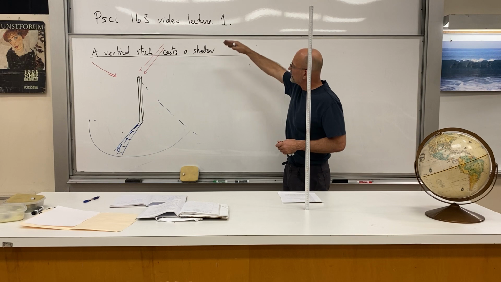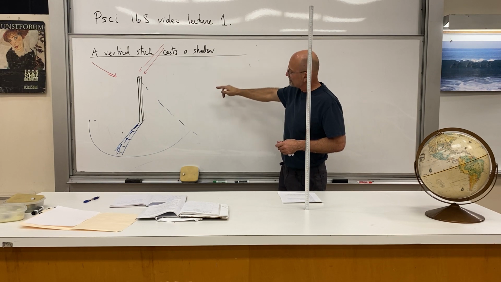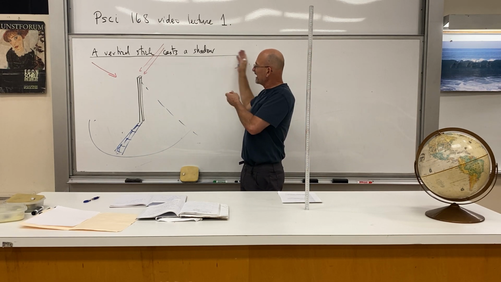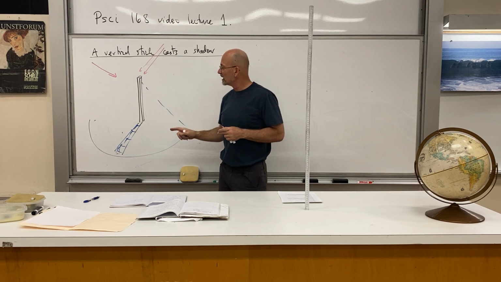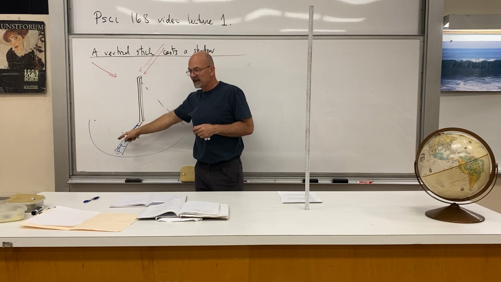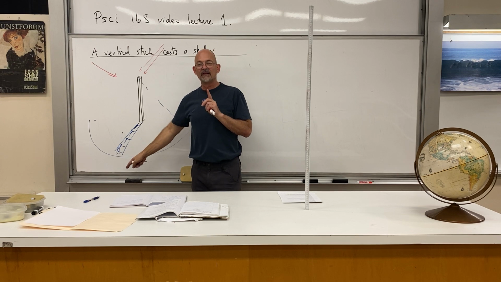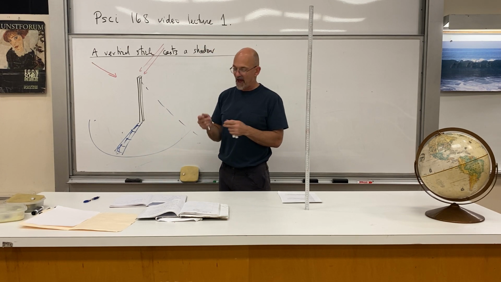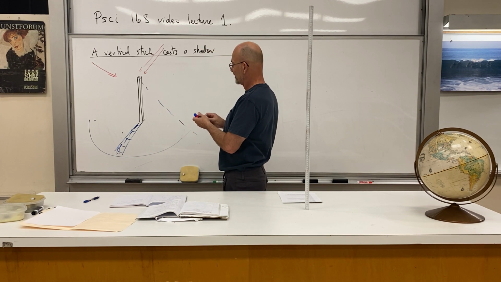So not only does a vertical stick cast a shadow, the early morning and late evening shadows are very long. The shadow at noon is short. In fact, the shadow at noon is the shortest shadow that's being cast.